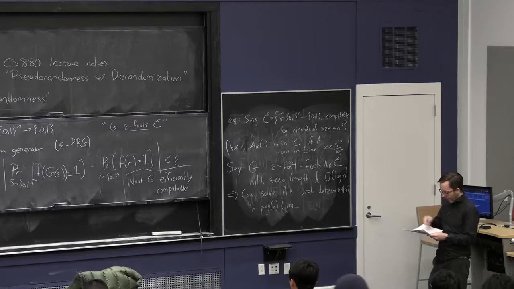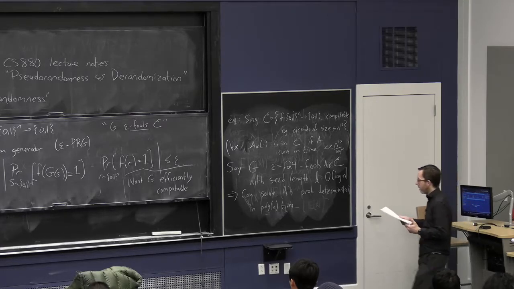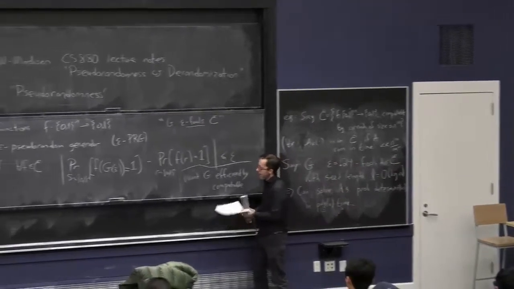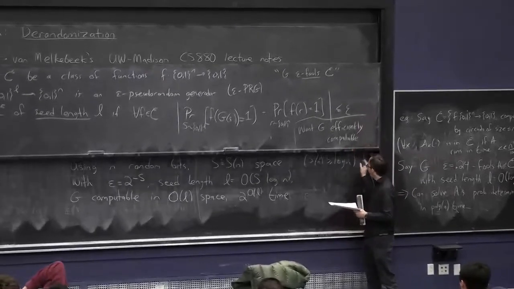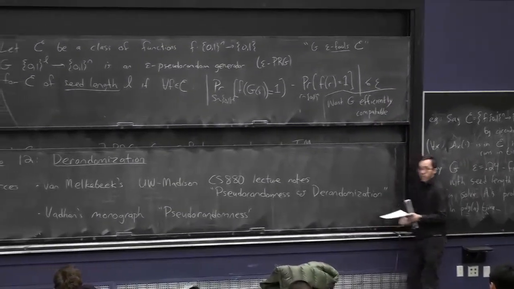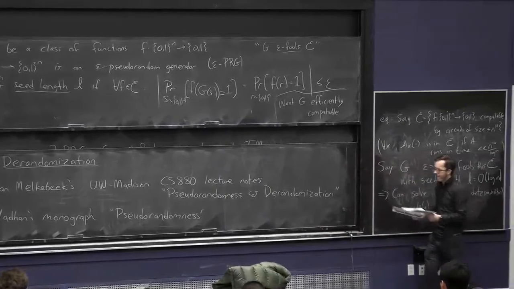Okay, and I will now try to convince you, or suggest, that such a seed exists, such a pseudorandom generator exists, and it's generally believed that such a pseudorandom generator does exist.